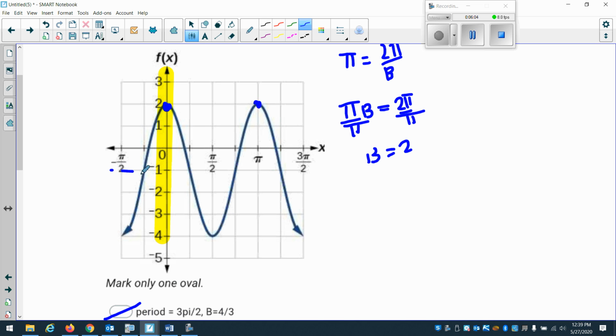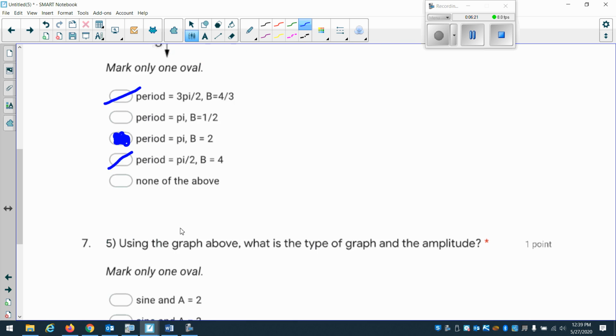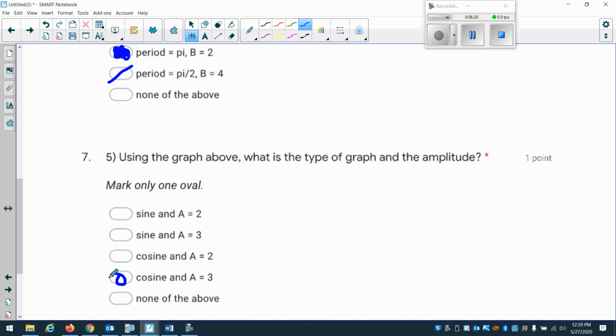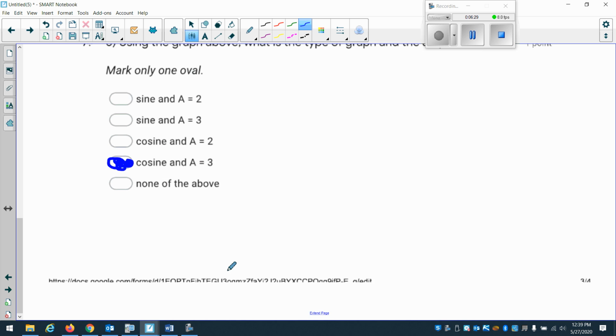Okay. So if this is the midline, then we have from the midline to the max, 1, 2, 3. Midline to the min, 1, 2, 3. So the amplitude is 3. Okay, it's a cosine graph and the amplitude is positive 3, or the A value is positive 3.